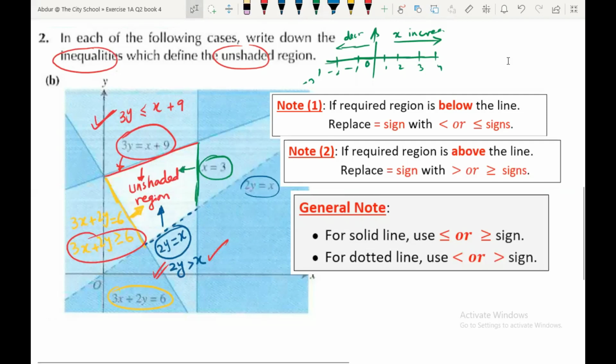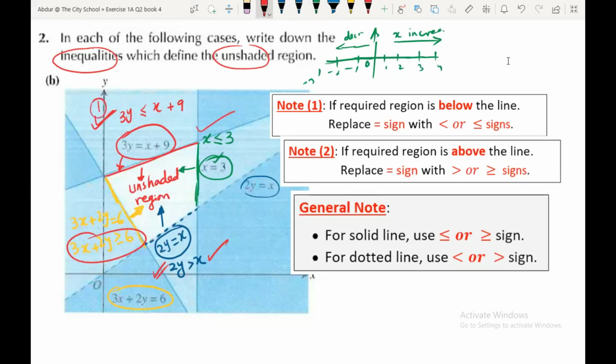So replace this equal to sign with less than or equal to sign. The green line is the solid line here. So I'm going to write less than or equal to sign. So the inequality will be x is less than or equal to 3 for the last line. So now we have four inequalities.